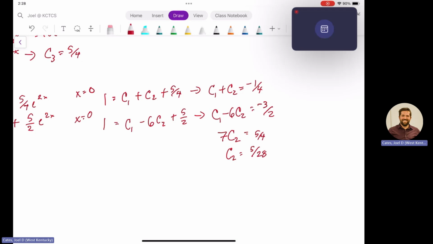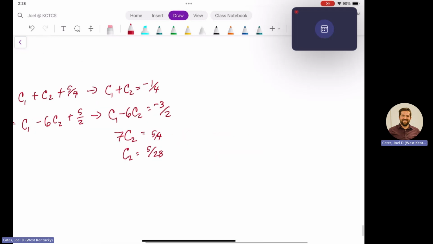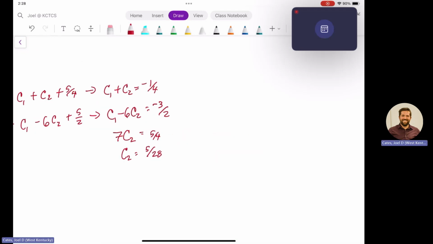Now, I can go back to the first one, put that in. I've got c sub 1 plus 5/28 is equal to negative 1/4. That means that c sub 1 is going to be, well, let's just double check this. Multiply that by 7. I've got negative 7/28 minus 5/28 gives me negative 12/28. That's a negative 3/7 whenever I reduce the factor of 4 out.